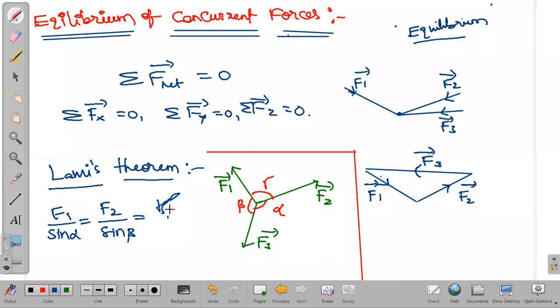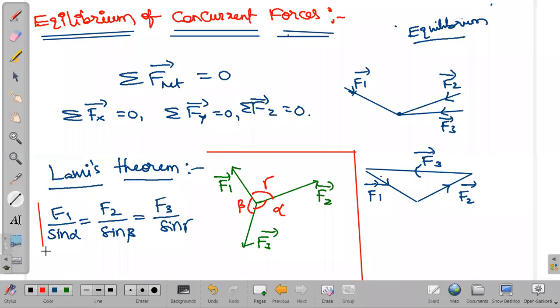So Lami's theorem expression is F1 by sine alpha equals F2 by sine beta equals F3 by sine gamma.